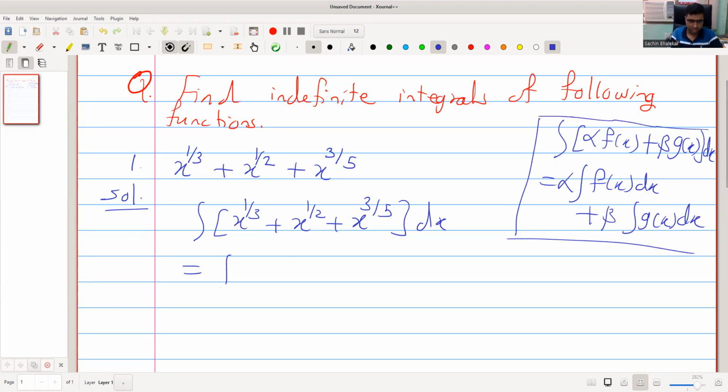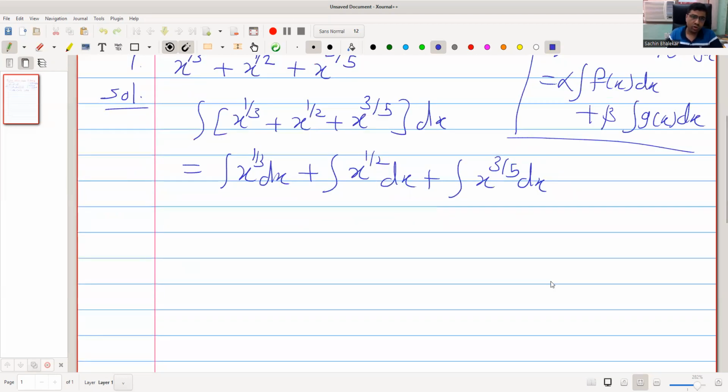Okay, so this is integral x raised to 1 by 3 dx plus integral and so on. Okay. Now we use the rule integral x raised to n equal to x raised to n plus 1 upon n plus 1. Okay. n is not equal to minus 1 in all these cases. So this is x raised to 1 by 3 plus 1 divided by 1 by 3 plus 1.